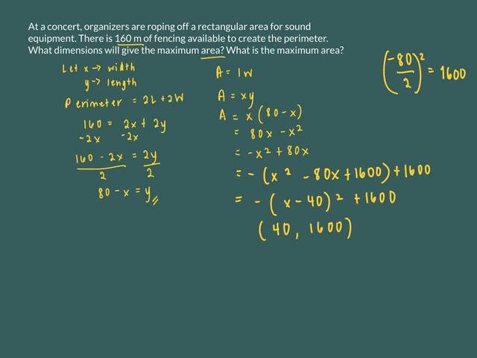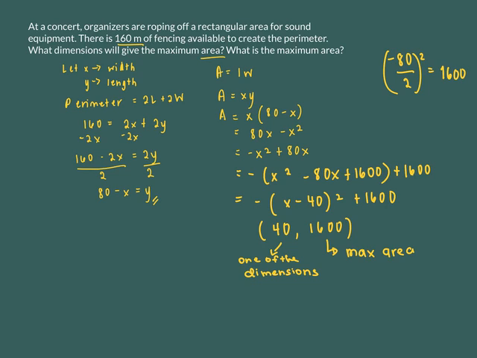So from the vertex, we can say that our maximum area is 1,600. And one of the dimensions of the rectangular area for sound equipment is 40. In this case, it's the value of our x.